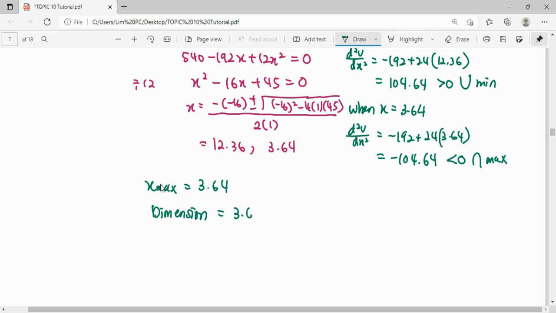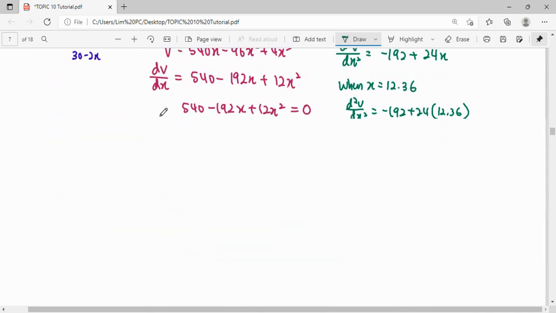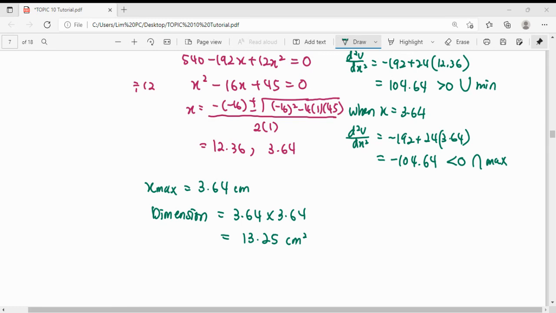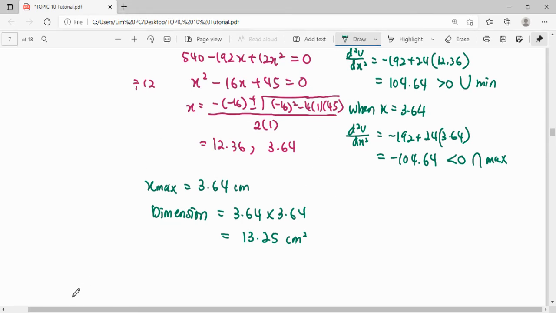It is equal to 3.64 times 3.64 because it is a square, which is equal to 13.25 cm squared. So this is all in cm. So that's all for this question.